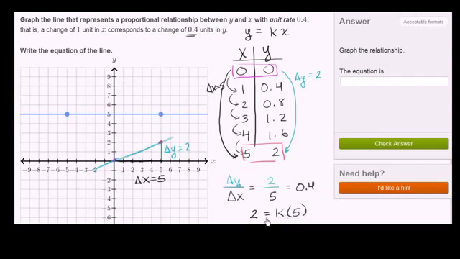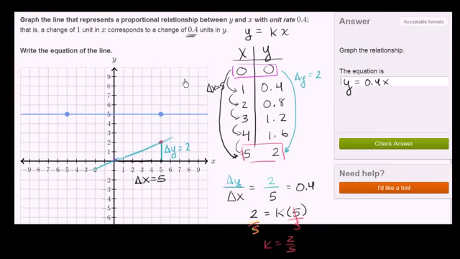Dividing both sides by 5, I'm left with k is equal to 2/5, which makes sense. We're used to seeing this. When we have y is equal to something times x, this something is going to be our slope. So the equation of the line is y is equal to 0.4x.